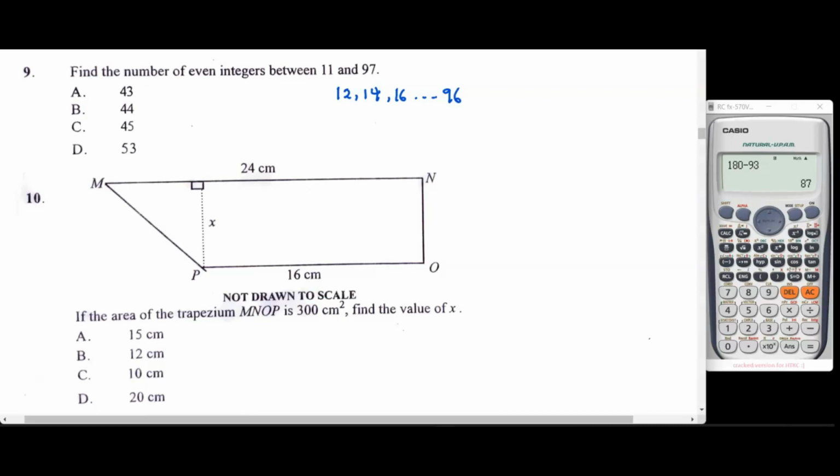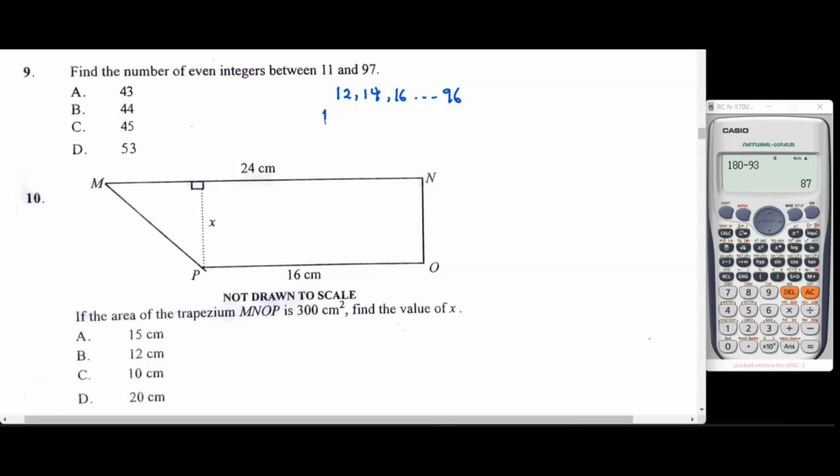Now we should find the number of even integers between these. Someone can answer it by just listing everything and counting it, but to make it easier, we can see that this is a number pattern, so we can go for the concept of sequence. So it's a sequential pattern, and it differs by 2 if you look at it carefully.